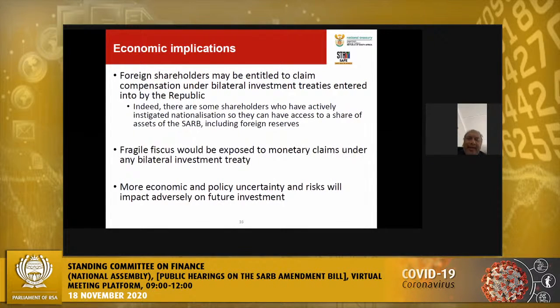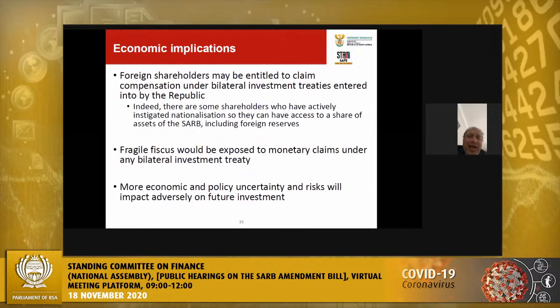As I've outlined, our greatest concern is how foreign shareholders, the claims that they would have. And indeed, we are aware that there have been some shareholders. Indeed, we introduced the panel a few years ago, precisely because we had a few shareholders. Yes, there are troublesome shareholders.